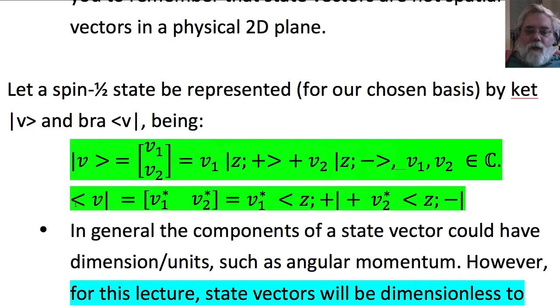Now the bra form, bra v, is a row vector, v sub 1 complex conjugate and v sub 2 complex conjugate, which means v sub 1 conjugate bra z plus plus v sub 2 conjugate bra z minus, where bra z plus and bra z minus were our basis vectors, bra 1 and bra 2.